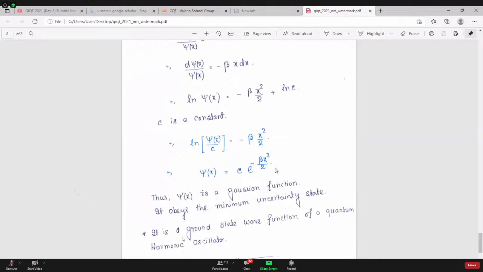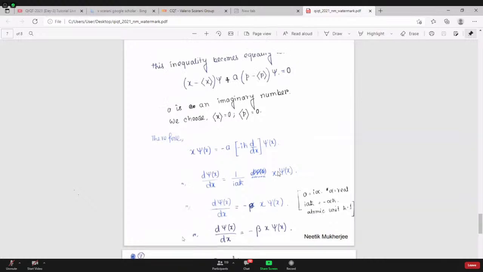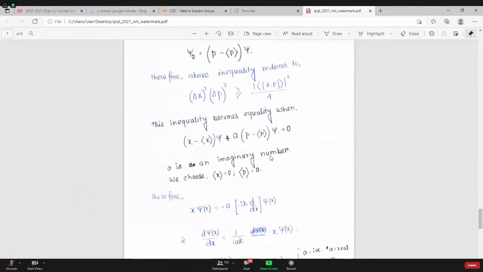And I can assure you that the function you will get will again obey the minimum uncertainty state, but that will have a different form. Here I have chosen the simplest case, that both x and p are 0. So this is a special case.